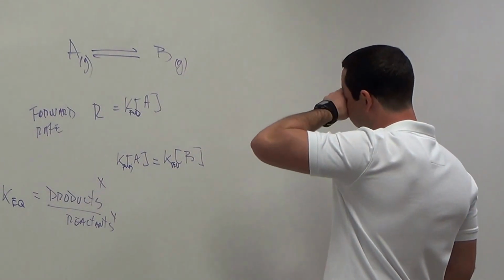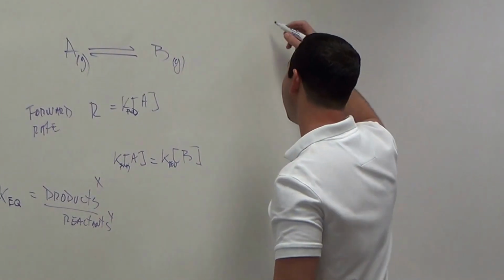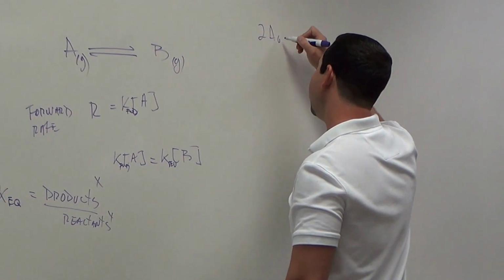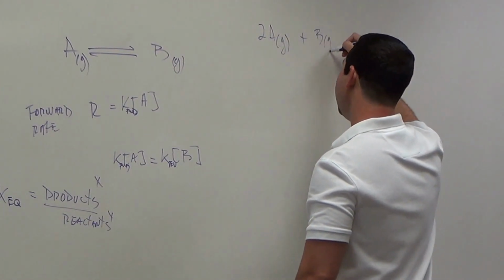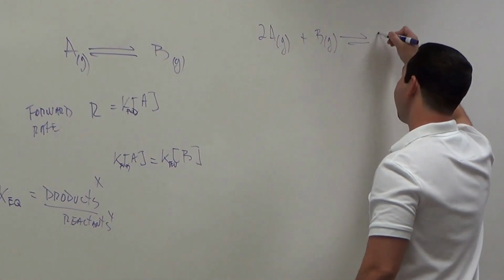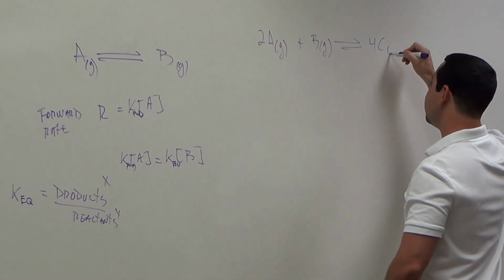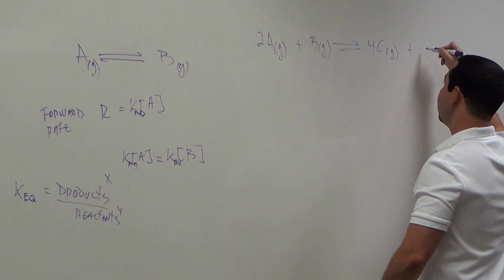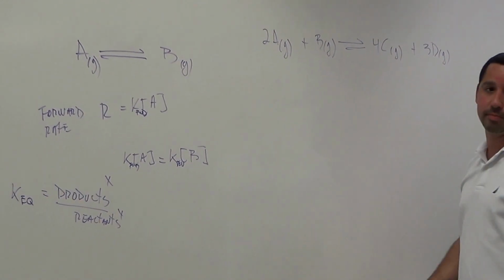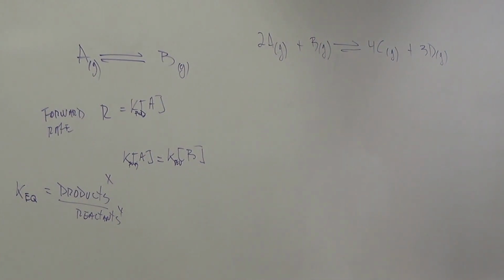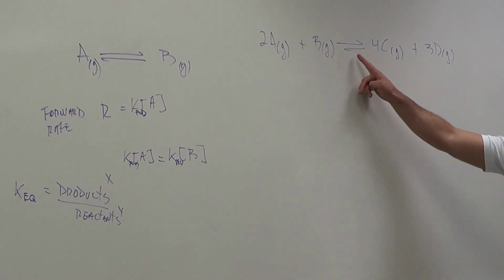Alright, so let's say we have this: 2A(g) plus B gives you 4C plus 3D. Is this an equilibrium reaction, yes or no? Yes. It is an equilibrium reaction because it has this.